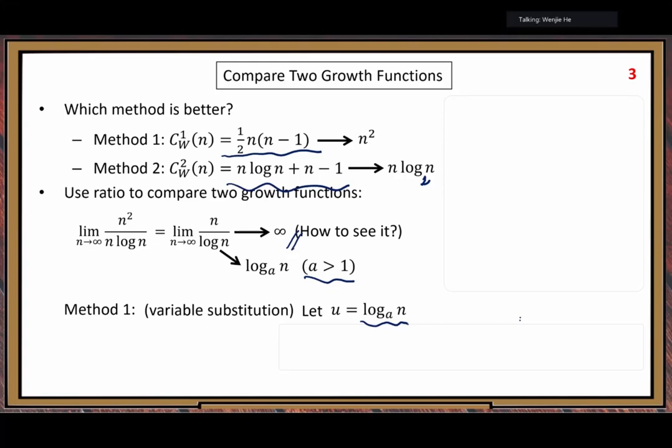Then, based on the definition of logarithm, we have n equals the exponential function a to the u. After the variable substitution, our limit becomes the limit when u goes to infinity of the ratio, exponential function a to the u over u.